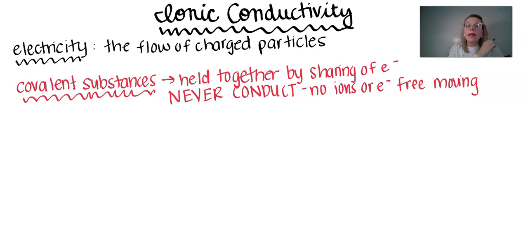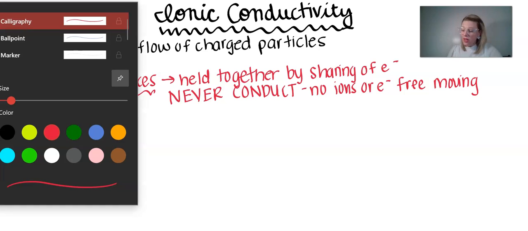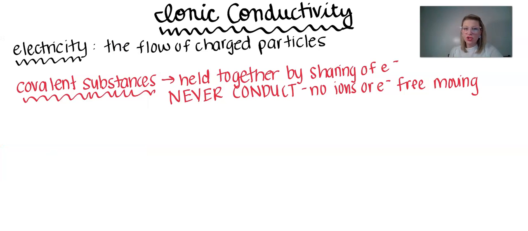Now, ionic substances do not conduct in their solid phase. In order to explain why that's the case, we need to look at the structure of an ionic solid. If you're following on my guided notes sheet, I've already provided that diagram for you, but if you are not, let me sketch that here.